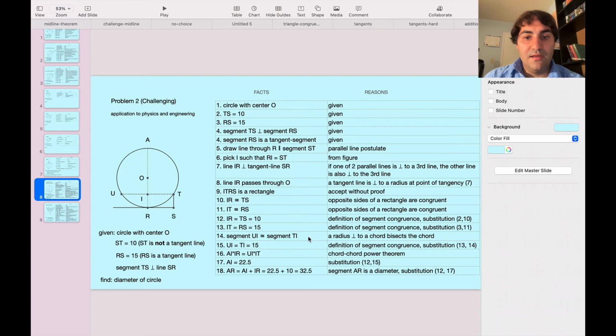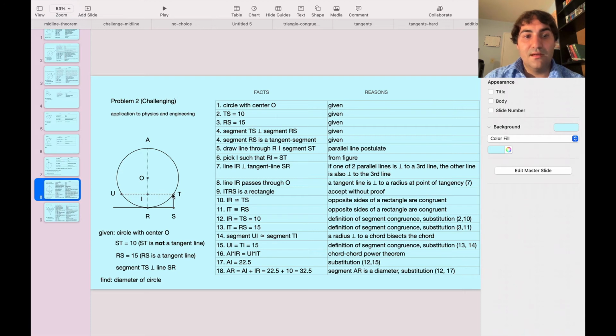Now we know that a radius that is perpendicular to a chord bisects the chord. So this radius OR is going to bisect this chord UT.